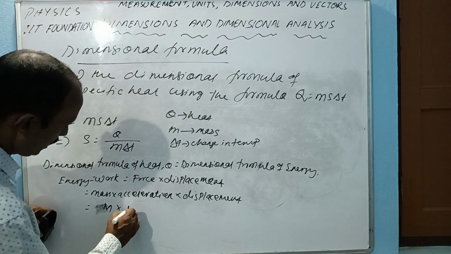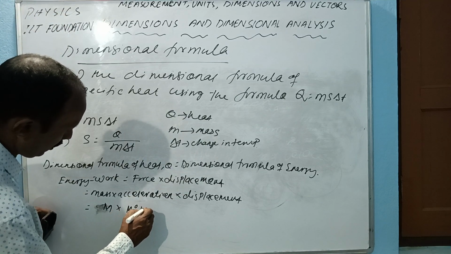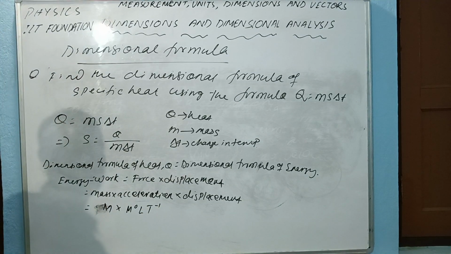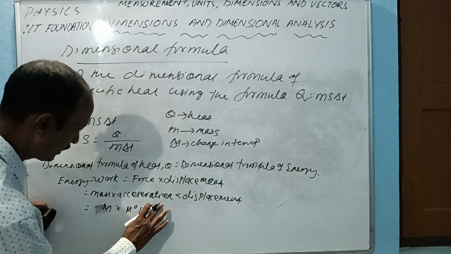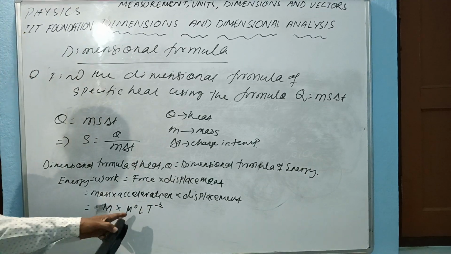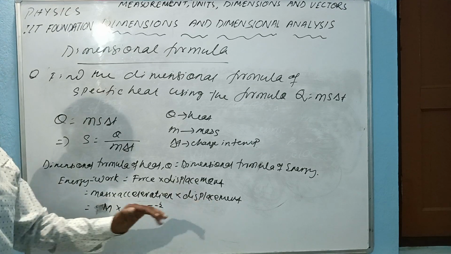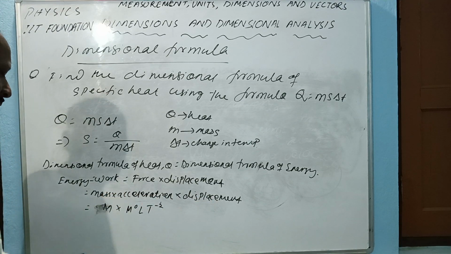That means m to the power 0, l to the power 1, t to the power minus 2. Acceleration, see that previously I wrote velocity, displacement by time, L t to the power minus 1. Acceleration, change in velocity by time, L t to the power minus 2.